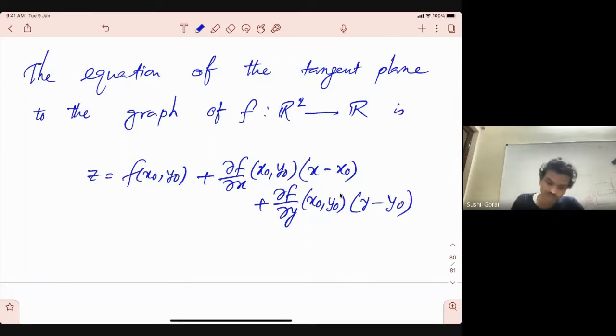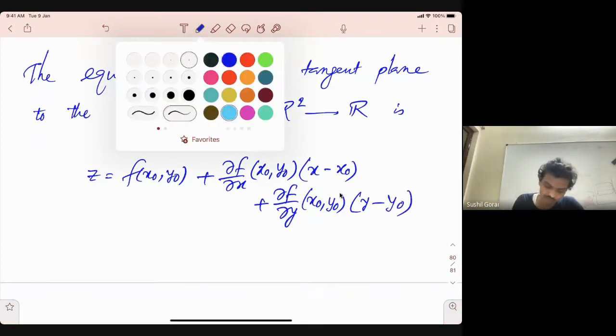All right. So this is the equation of the tangent plane.